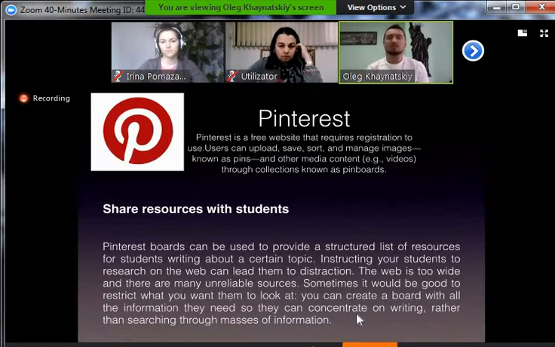So sometimes it would be a good idea to restrict what you want them to look at. You can create a board with all the information they need so they can concentrate on writing rather than searching through masses of information which Pinterest can actually provide.